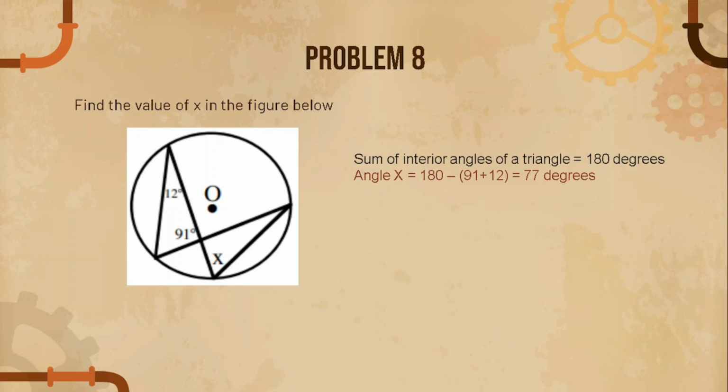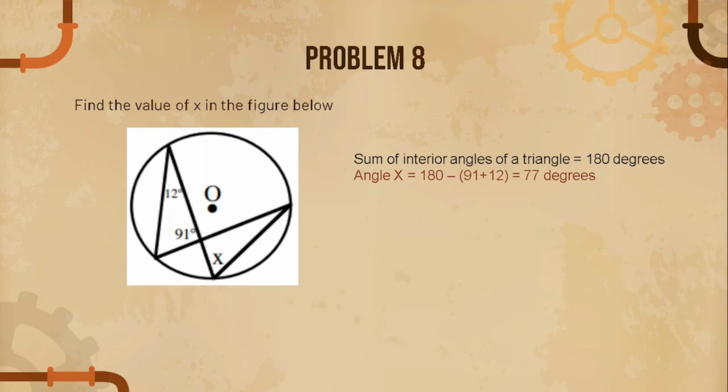And you have to take note that the sum of the interior angles of a triangle is 180 degrees. To find the value of x, we have to determine the third angle, which will constitute the interior angles of one triangle.